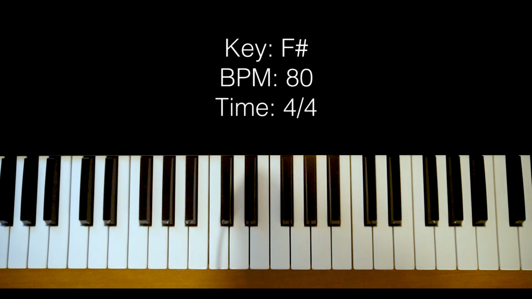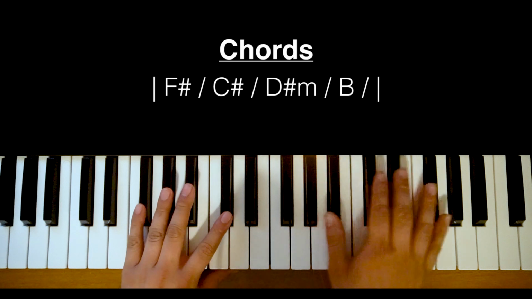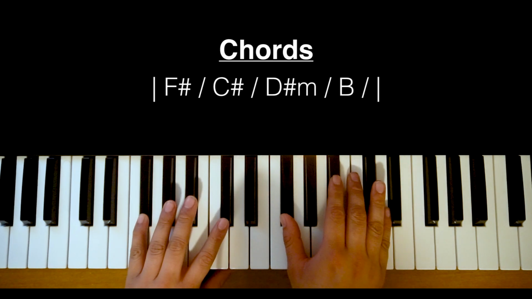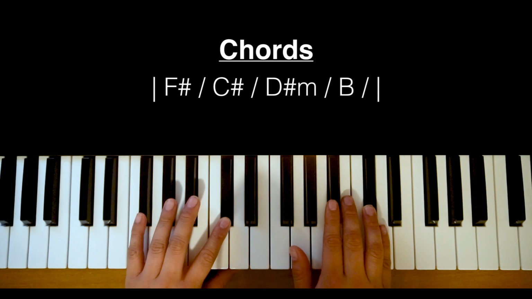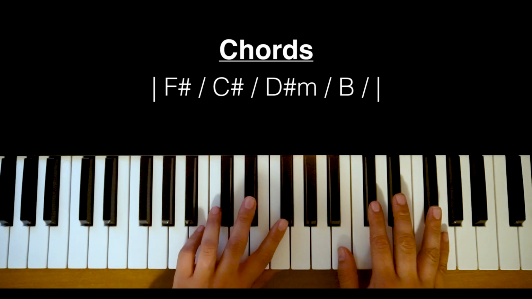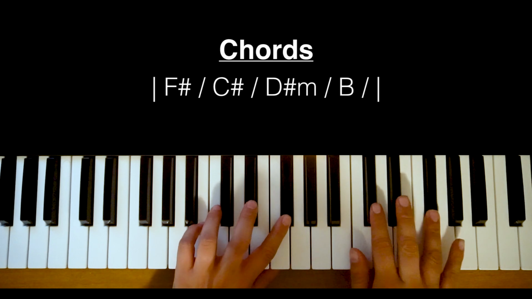So this song is so simple. It only uses 4 chords, and this is what they are. You have an F sharp major: F sharp, A sharp, C sharp. Another chord that they use is a B chord: B, D sharp, F sharp.